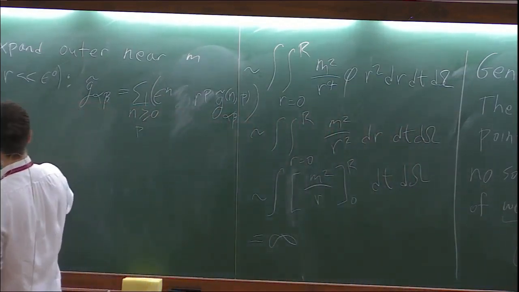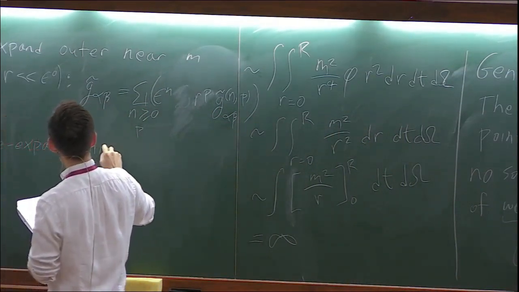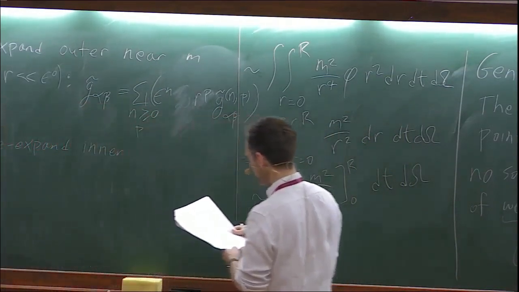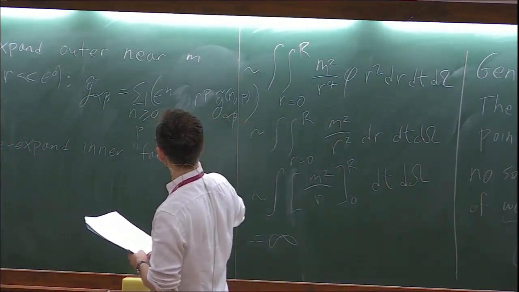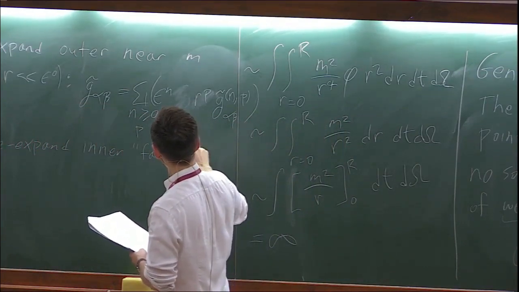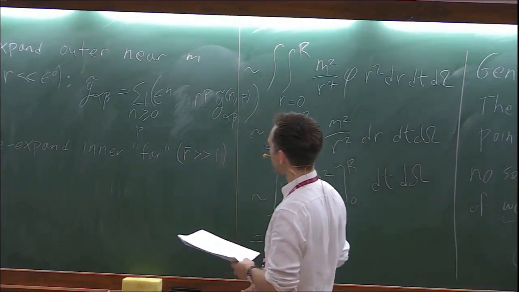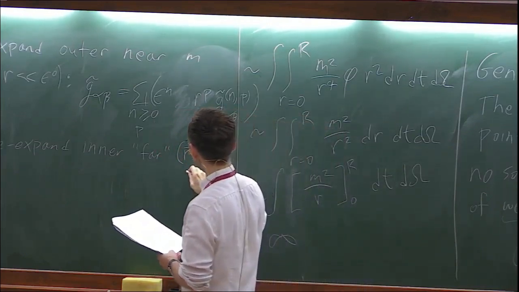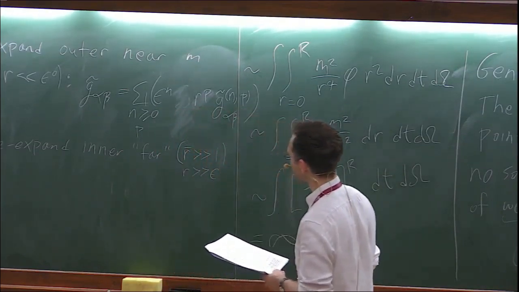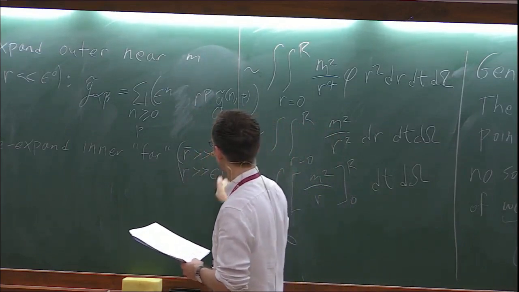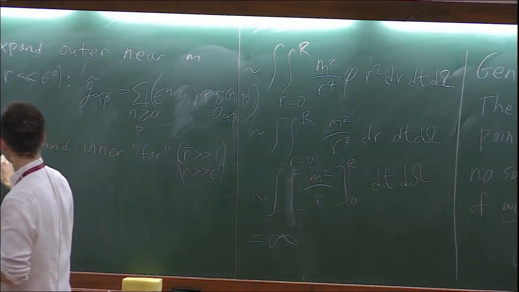Okay, then let's re-expand the inner expansion far from the object, meaning that r bar is much, much bigger than 1, or meaning that r is much, much bigger than epsilon. Let's re-expand the inner expansion far away from the object.